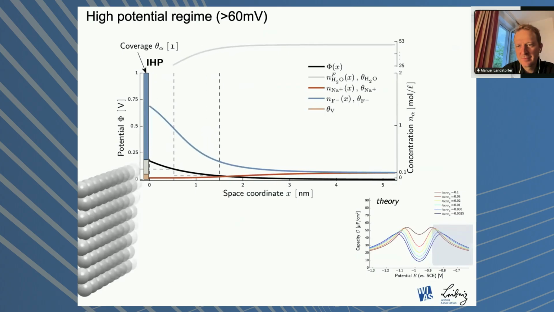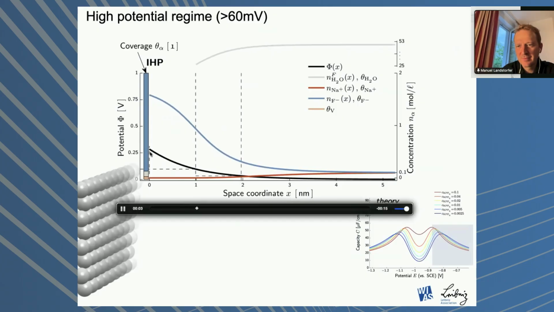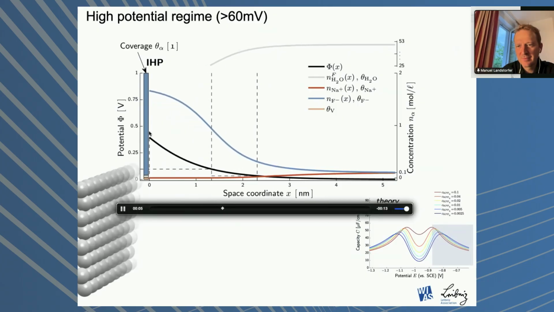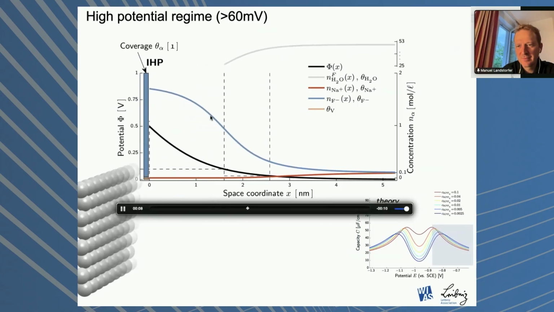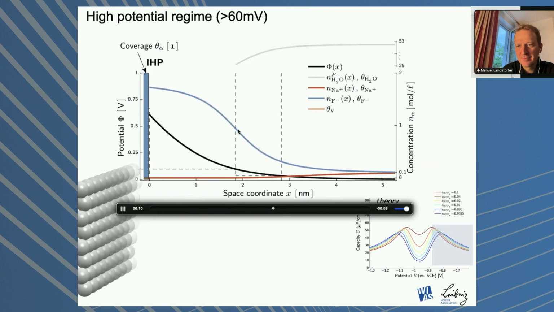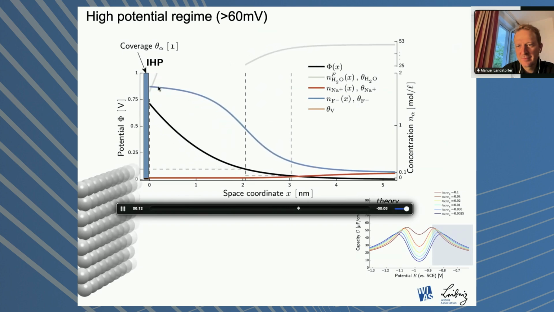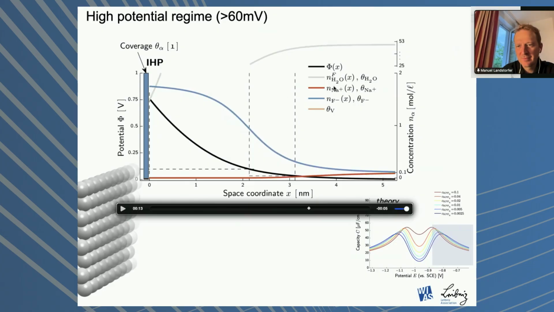If you increase the voltage further and further, this is the black line, you see that the blue curve, here the fluoride ion concentration, tends to saturate. Now something interesting happens. Imagine these are solvated ions. They have a really large solvation shell, and they require space. Because they require space, they pump solvent molecules out in the other direction.